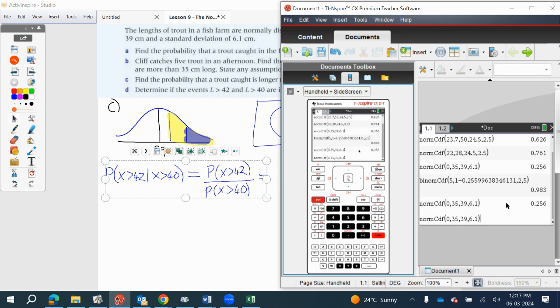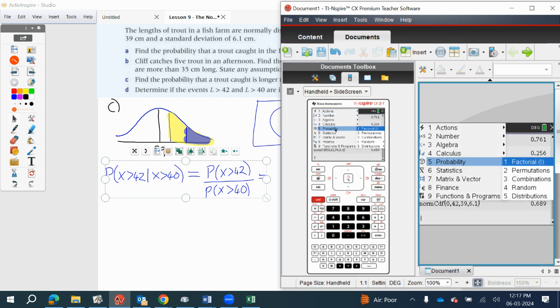This formula here, I can just edit a little bit. I can change this to being greater than 42. Oh no, that one's the mean. Here I'm looking for everything that's less than 42. That's not what I want. Let me start this again.